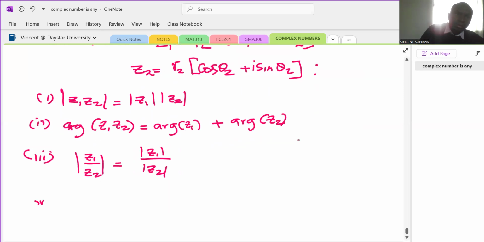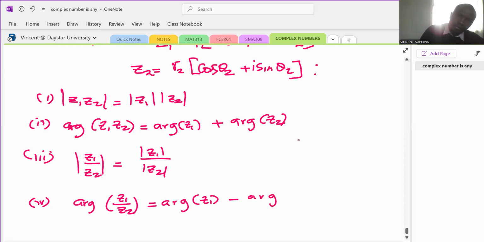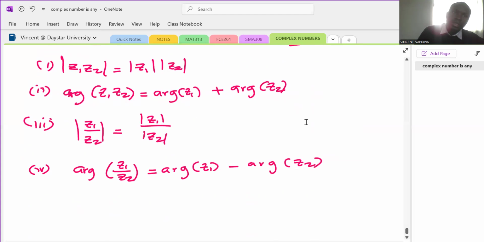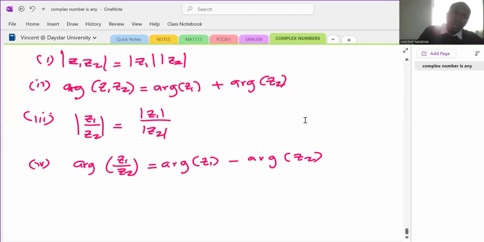And then number 4, argument of Z1 over Z2 is the same as argument of Z1 minus argument of Z2. So actually, these results are not very hard to check.